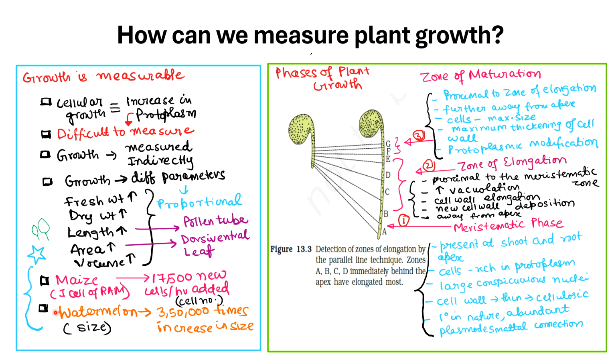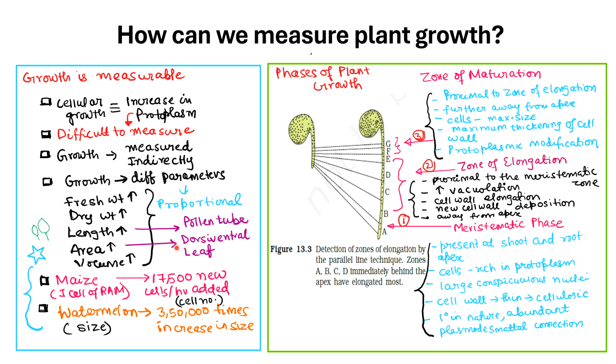Right. Similarly, if we consider watermelon, here we can consider the plant growth with respect to size. Watermelon increases in size about 3,50,000 times. So here increase in size is happening, and it is indicating increase in protoplasm or the plant growth.